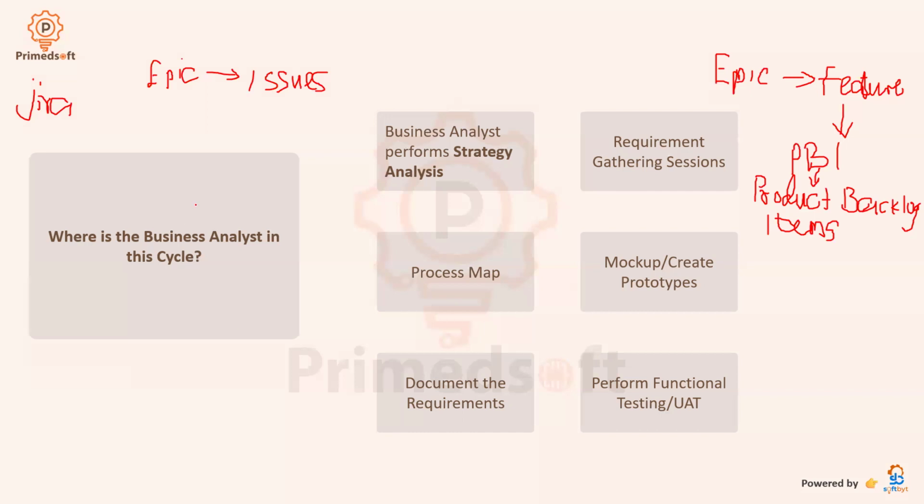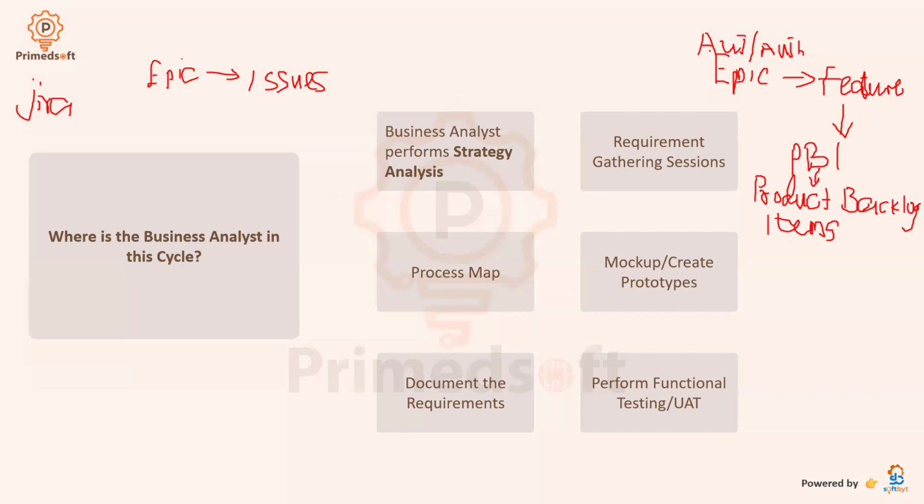So it's from this process map that you come and break down, and we say this will be the authentication and authorization. This is just one epic.